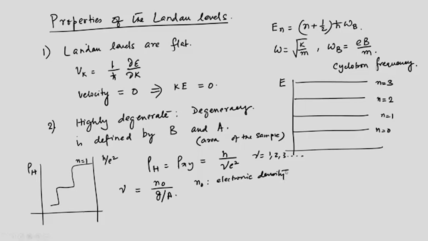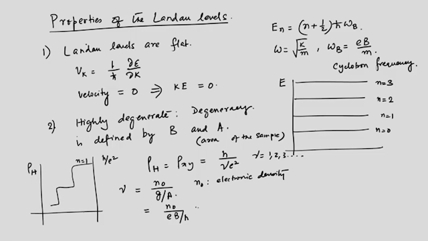I'm going back and revising some of the things that I have already said. This is nothing but n0 divided by eB over h, and if you remember, G over A is the degeneracy per unit area.